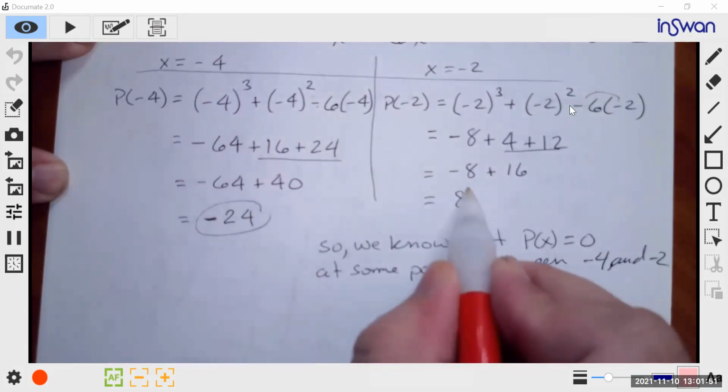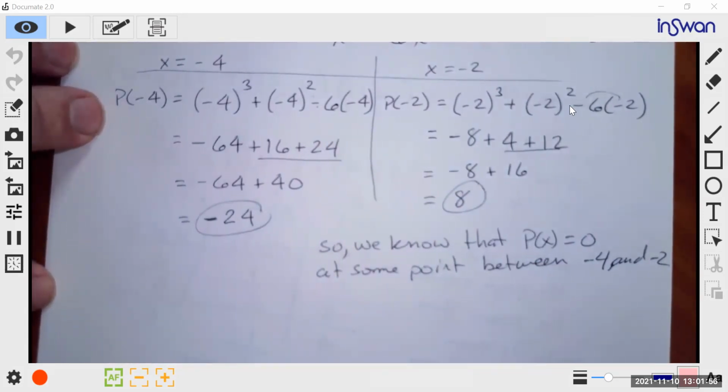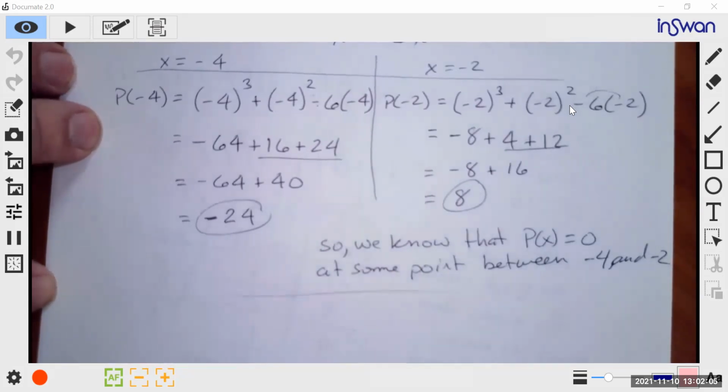Because the values are different, that means there's a number between there where it equals 0. So let's look for it.